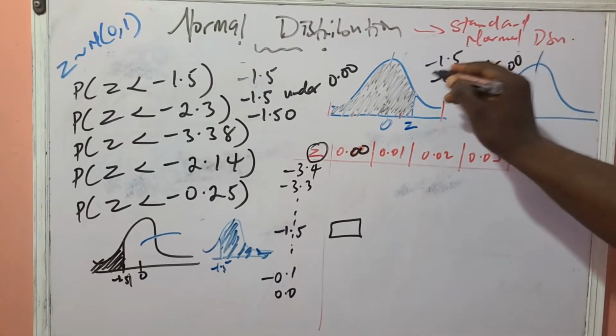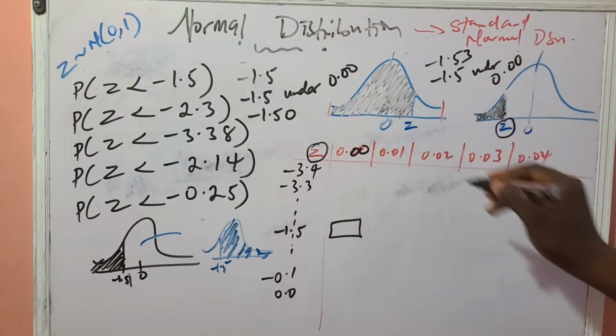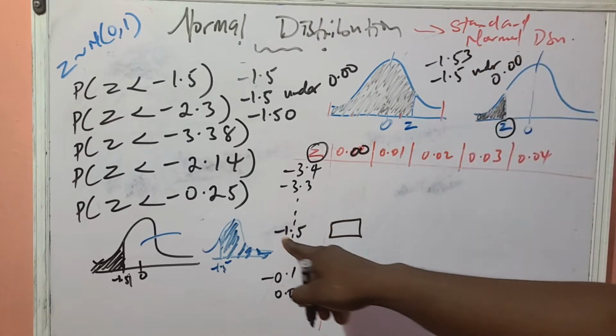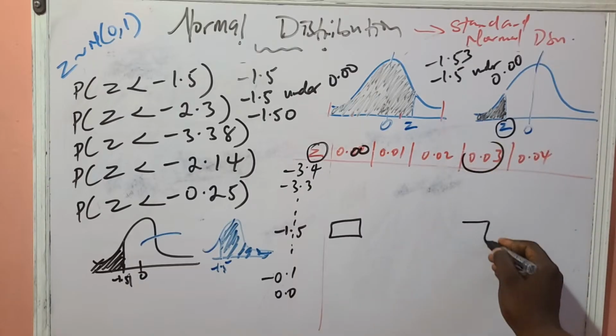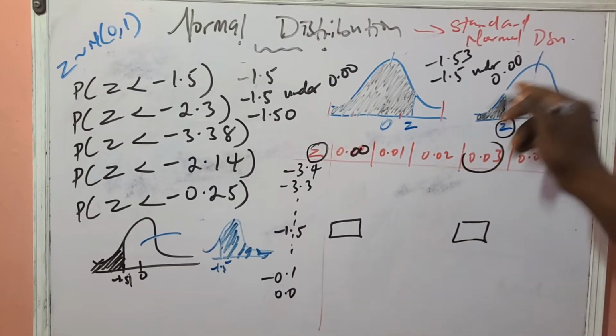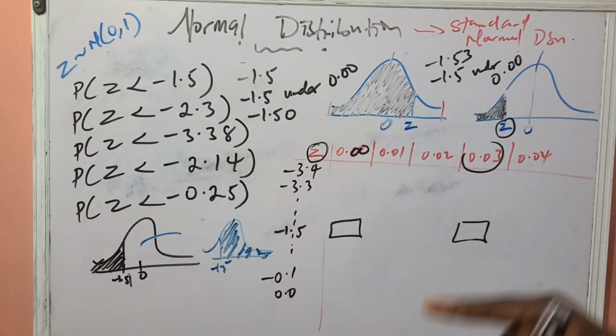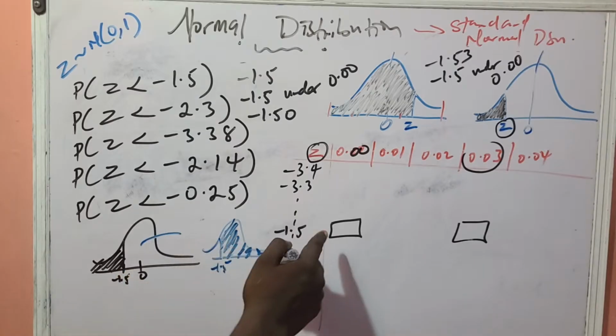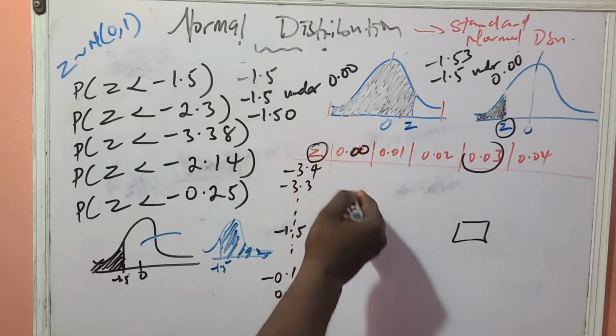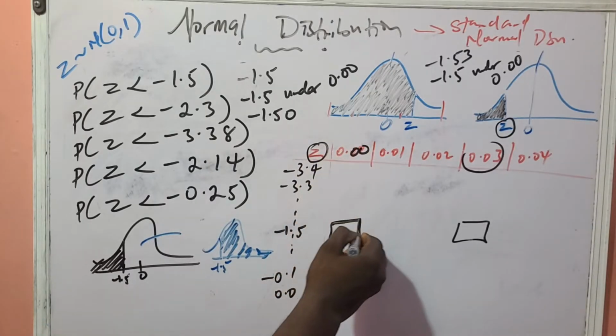If I'm dealing with minus 1.53, for instance, I'll be reading minus 1.5 under 0.03. So I'll be looking at the value here. But in a case like this one, we're dealing with minus 1.5 alone. We're not dealing with any other thing after minus 1.5.